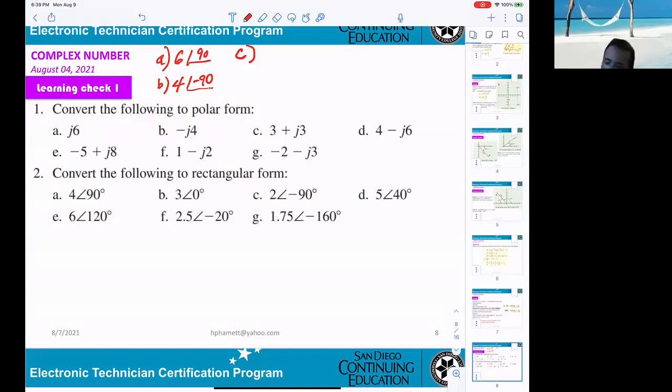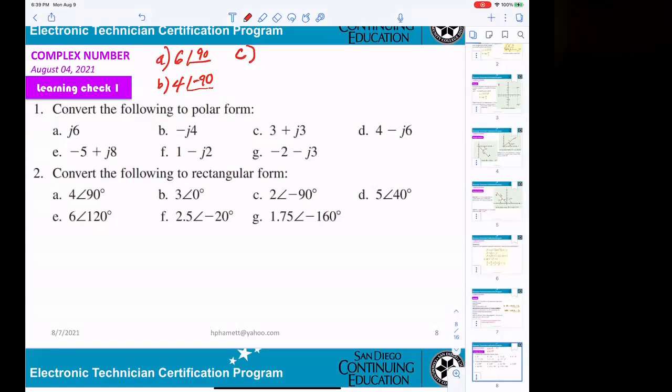Four, 4.24 with angle 45. What angle? The angle for number C is 45 degrees.